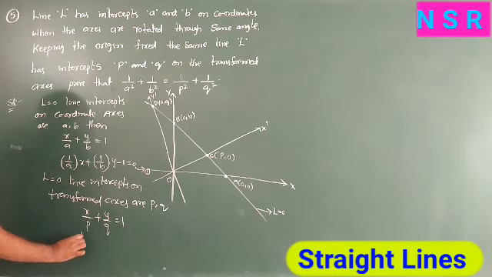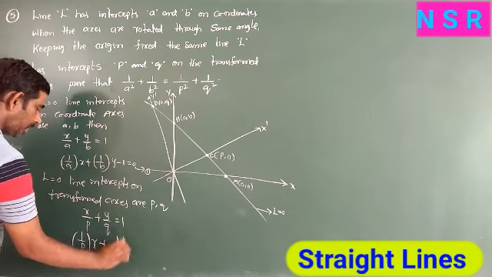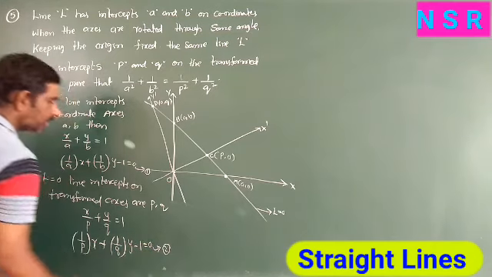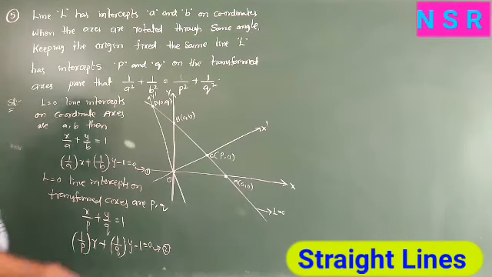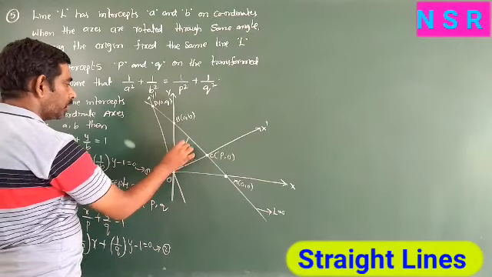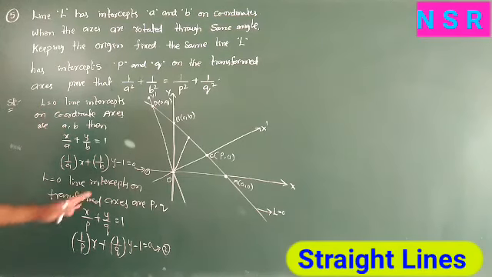So it can be written as 1 by p into x plus 1 by q into y minus 1 equal to 0. Take it as equation number 2. Now find the perpendicular distance from the origin to these two lines. The perpendicular distances are equal, and we have to show 1 by a square plus 1 by b square equal to 1 by p square plus 1 by q square.